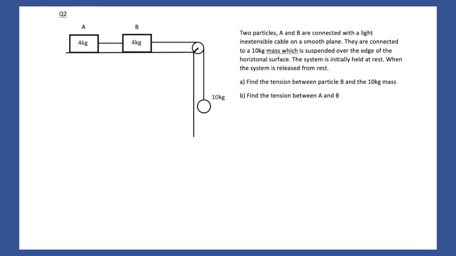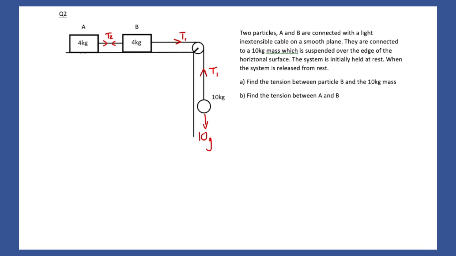Okay, so as before, I'm going to start by labelling up my diagram. So here we go. I'm going to call this tension here T1, and I'm going to call the tension between A and B T2. Just to clarify that they're going to be different tensions.